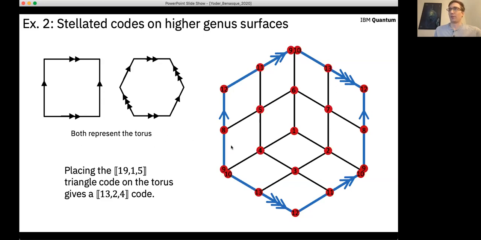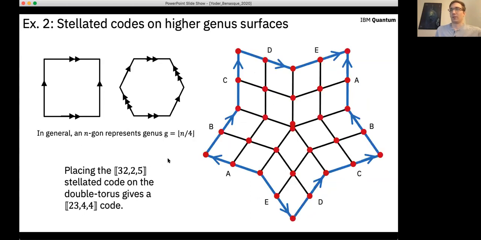So if we place this triangular surface code on, you can see here that it's sort of hexagonal and we identify opposite sides. This is qubit 11. This is also qubit 11. This is qubit 8. This is also qubit 8, and so forth. Then we end up getting a 13-to-4 code.